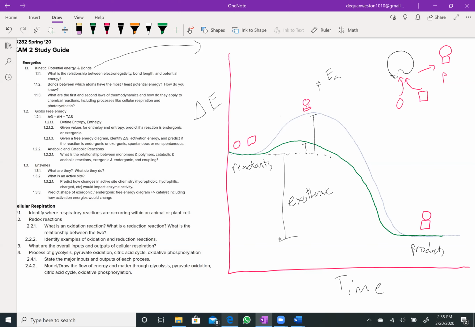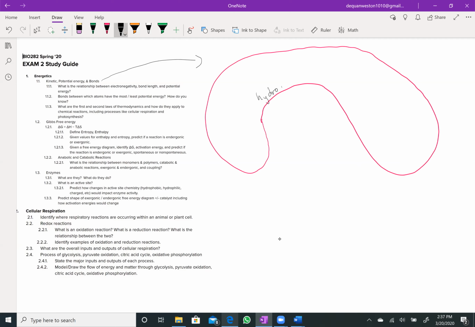So we're going to talk about active site chemistry, which kind of is similar to last test. So we'll say this is our active site. And we'll just go through these one by one. So we'll say we have a hydrophobic active site. And these are potential substrates that could go in here. Hydrophobic, hydrophilic.